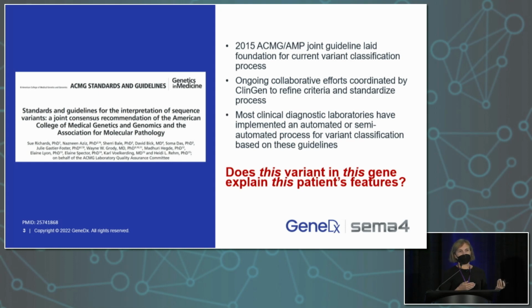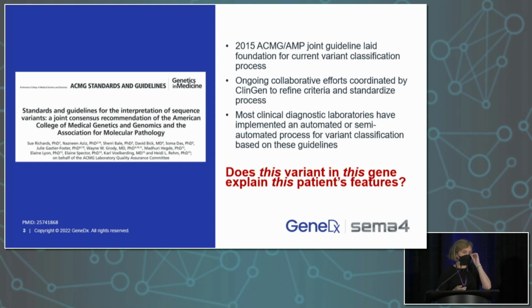There wasn't great technology. Now we're doing a lot of really big gene panels and exome sequencing, where we're looking at all of the genes that code for proteins in the whole body. We're finding a lot more variants, and we're seeing a lot of inconsistency from one lab to another. So we really need to come together and come up with some standards, and this 2015 guideline was the start of that.